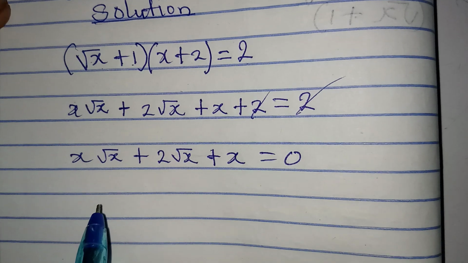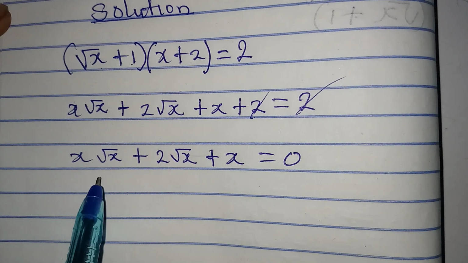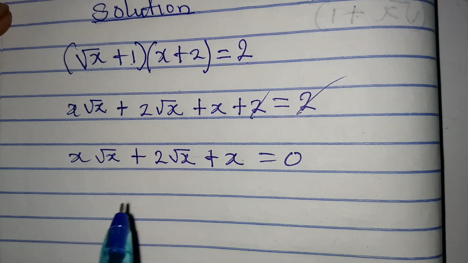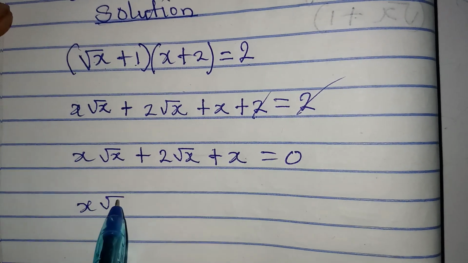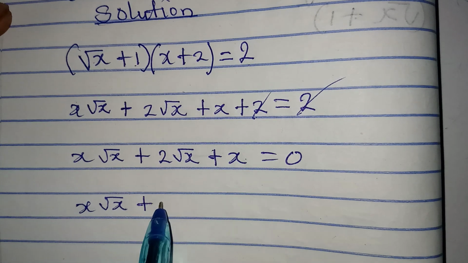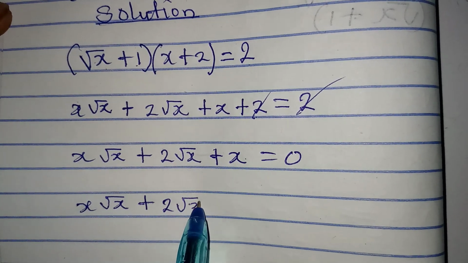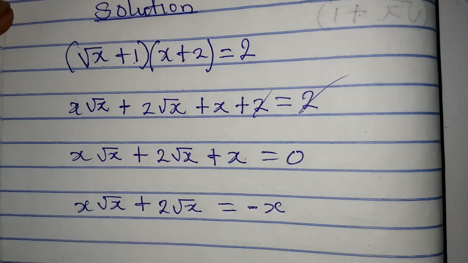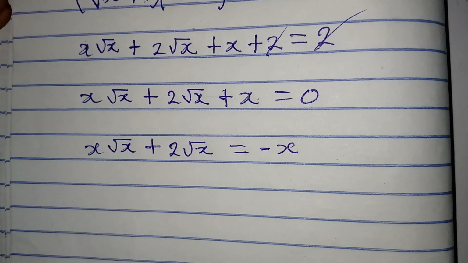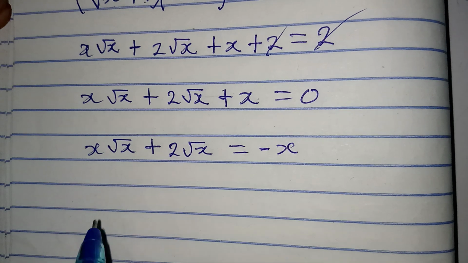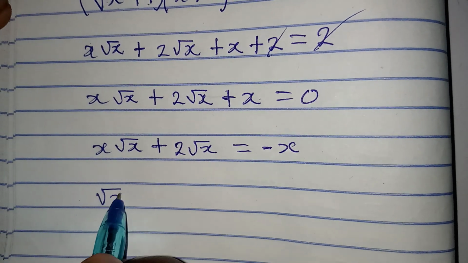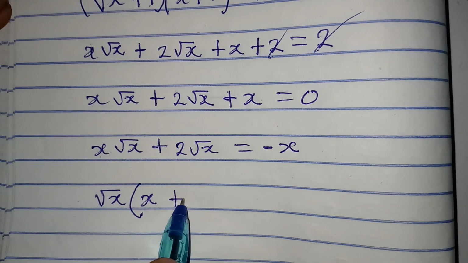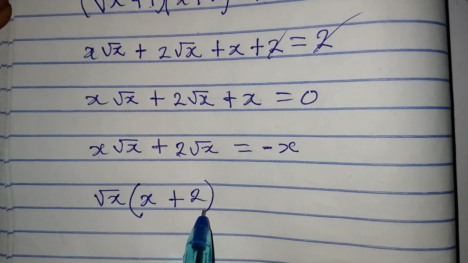Now, from here, we can take x to the other side, so we have x root x plus 2 root x equals minus x, right? And now root x is common to the two terms. I can factor it out. So I have root x here, and then here I have x, plus here I'm having 2.